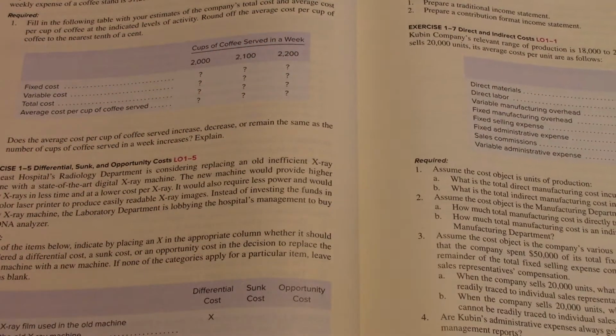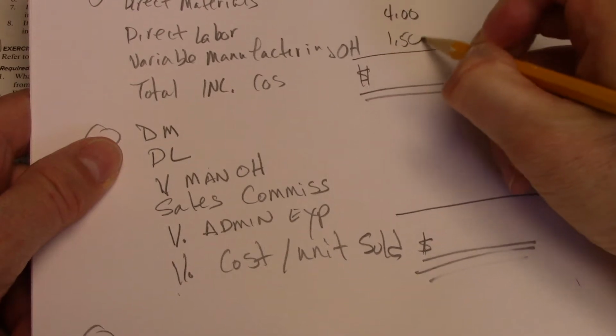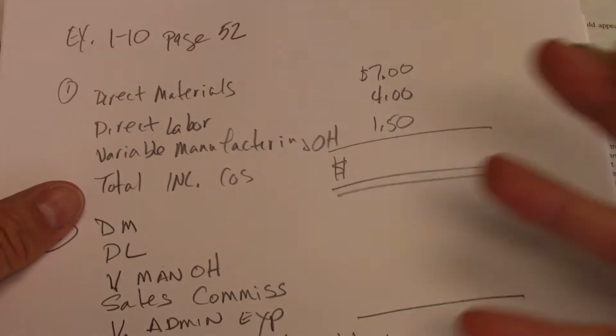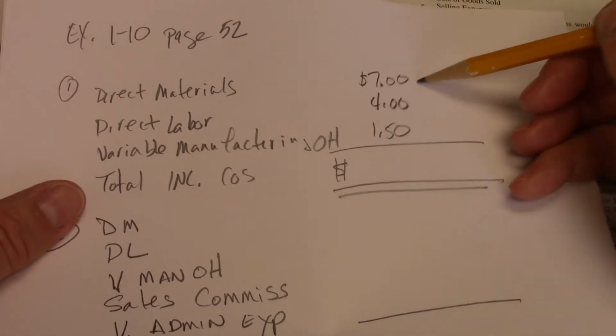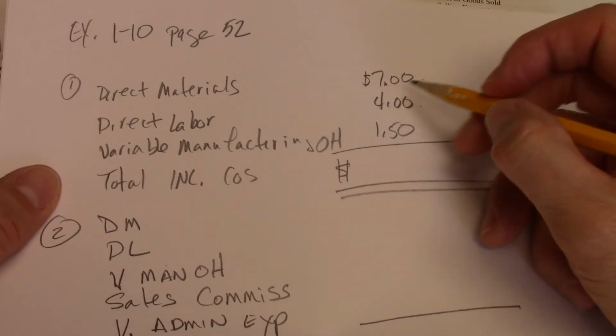And then the variable, so that's $1.50, right? So if I want to know how much it costs me to produce 1 more unit, I need to just figure out, well, what are the costs per unit that change with units, right? Those are the variable costs. So of course that's direct materials, direct labor, and my variable manufacturing overhead.